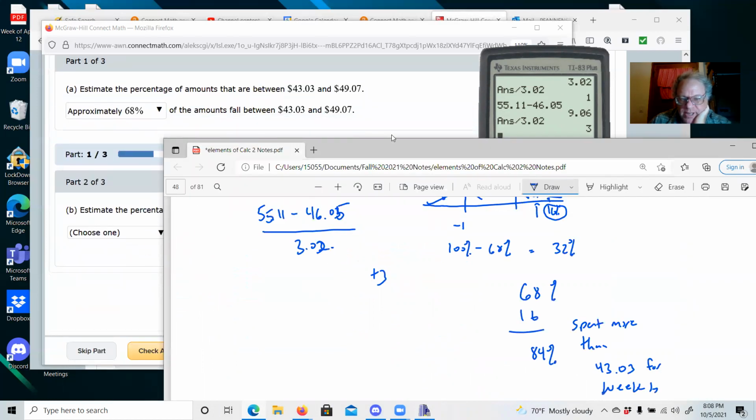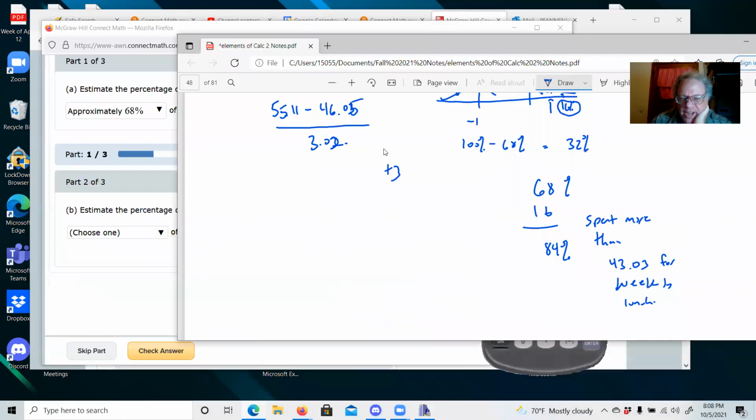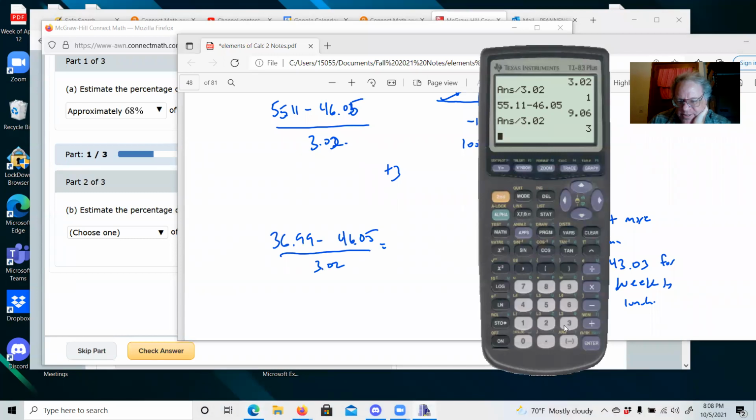So we need to check 36.99 minus 46.05 over 3.02, okay? Like I said, a lot of the ones in the book are symmetric, but not all of them. So please double check.